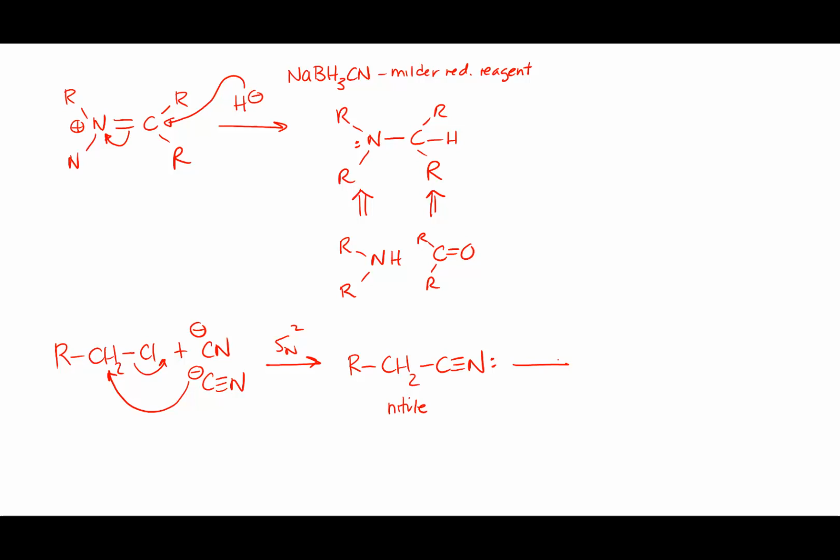Then I said that we could take lithium aluminum hydride and that would reduce the C triple bond N to a primary amine. And so we should probably talk about the mechanism by which that reaction occurs.